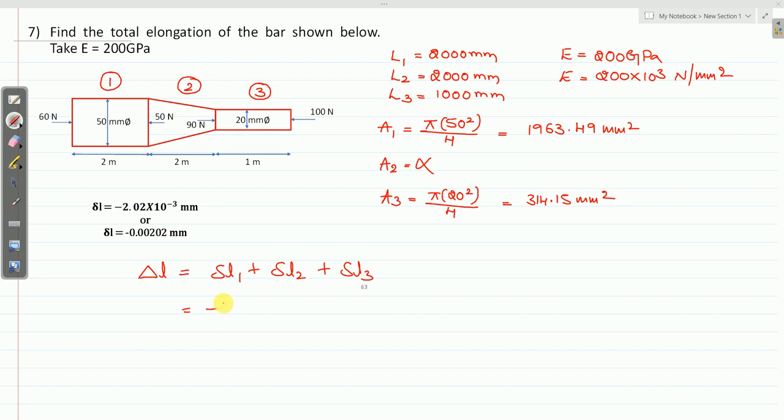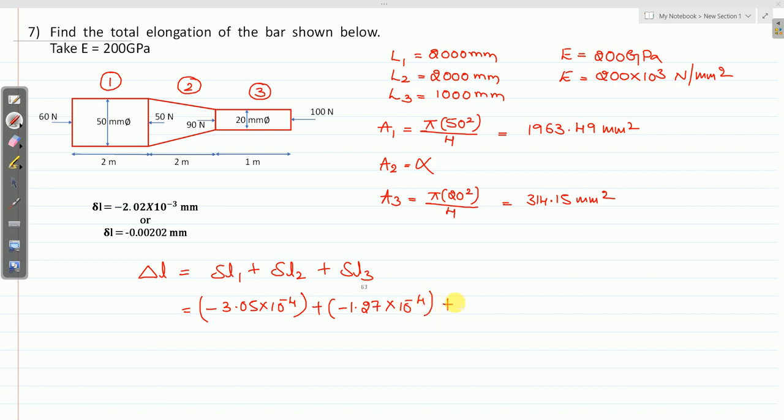So first minus 3.05 into 10 raised to minus 4. Next minus 1.27 into 10 raised to minus 4.